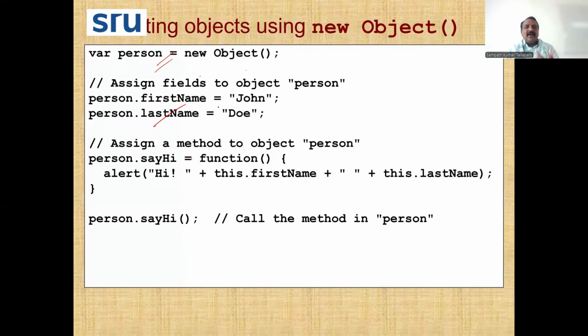Whenever I want to add a functionality to a variable, I write the statement in this way. Write the keyword function, and I'll have the body here. Whenever I call the say hi function, it is executed. Actually, this feature in Java we call lambdas, available in Java 8 and higher versions. This is helpful whenever you want to write your own functions in JavaScript.